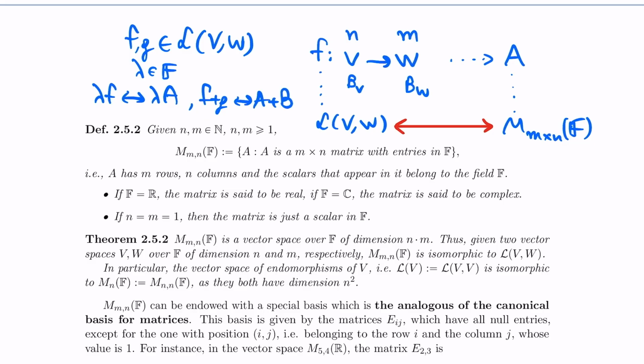So, to conclude, we have not only a perfect correspondence between a linear map and its associated matrix, but also between the operations that we can perform on linear maps and the analogous operations that we can perform on the associated matrices. Because of this duality, it is not surprising that we can define also a canonical basis for the vector space of matrices.